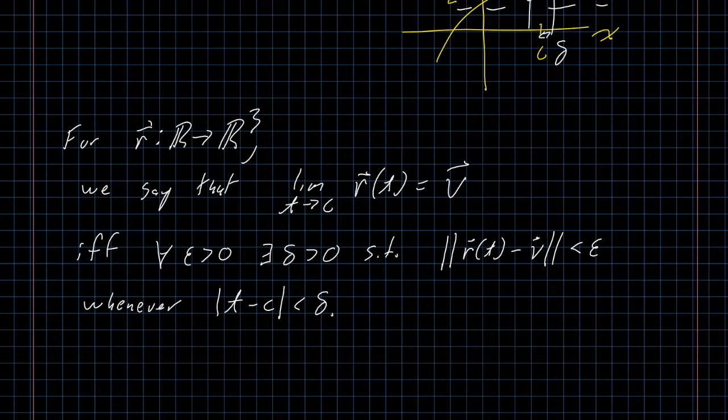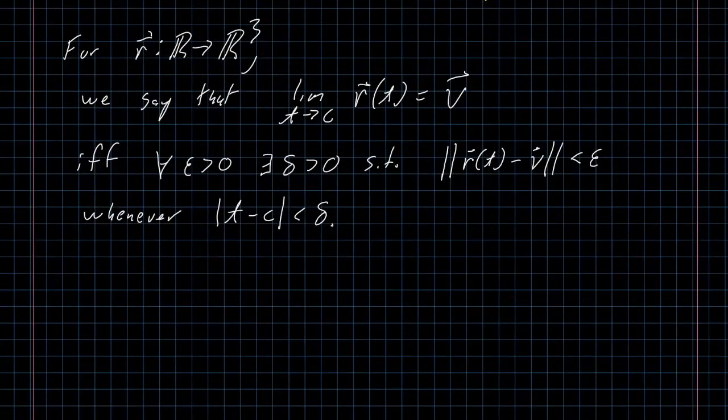But the definition is almost identical. We've got norm instead of absolute value, and we've got vector instead of a point. That's the only difference. Everything else is exactly the same.